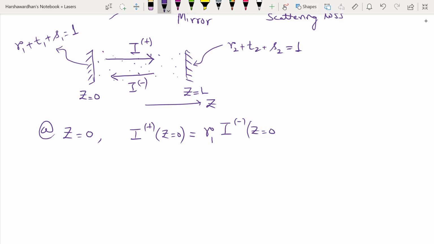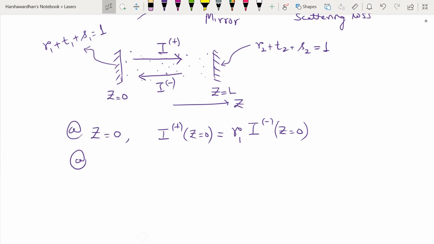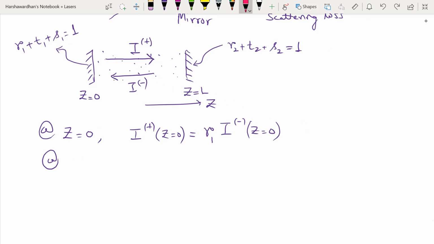The radiation coming in in the negative z direction is reflected off and becomes the radiation traveling in the positive z direction, and the amount of reflection is captured by this coefficient of reflectivity R1.